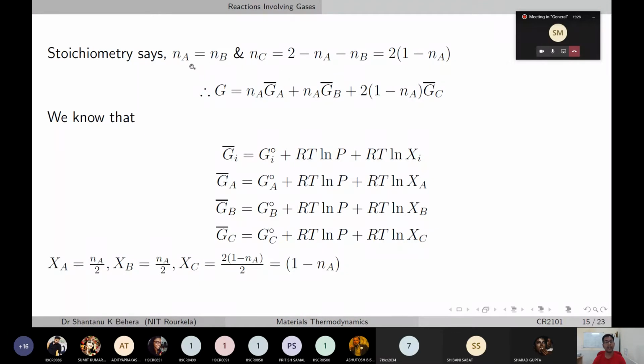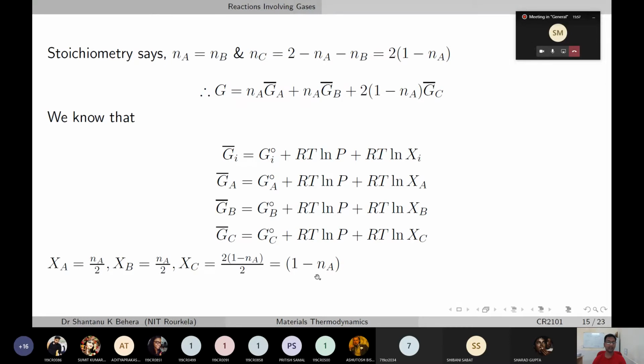If you add up Na plus Na plus 2 minus 2Na, at every instance from A plus B to complete C, the number of moles present is 2. That's why it's normalized by 2, and that's what gives you the mole fraction. Xa is Na by 2, likewise Xb is Nb by 2, which is Na by 2 itself, and Xc, normalized by 2 again, is 1 minus Na.